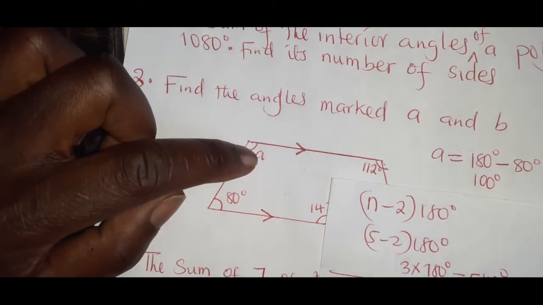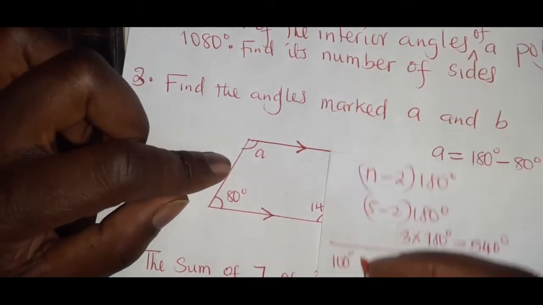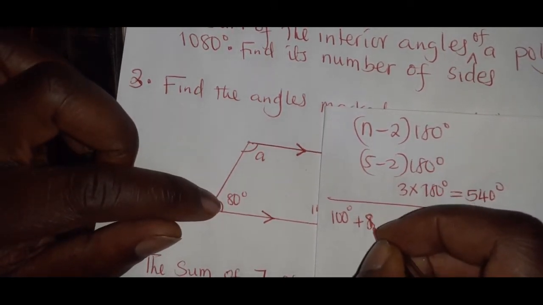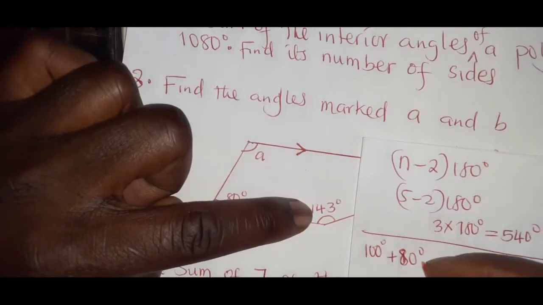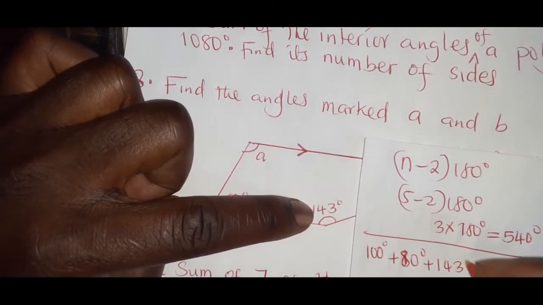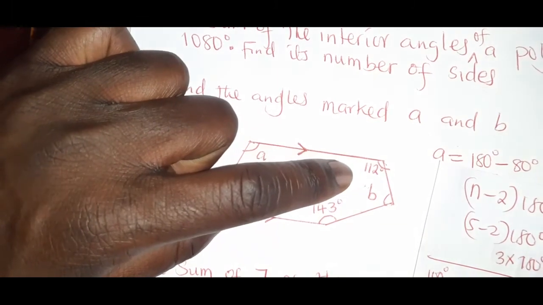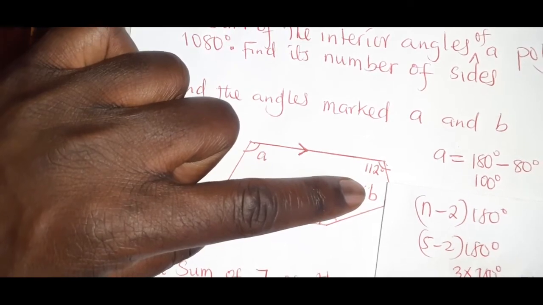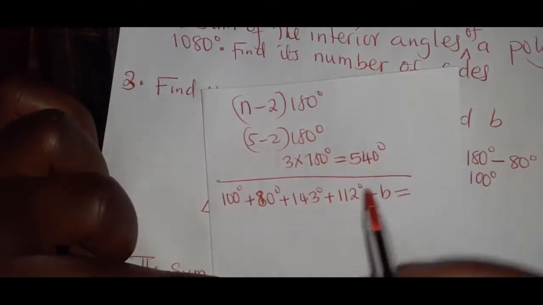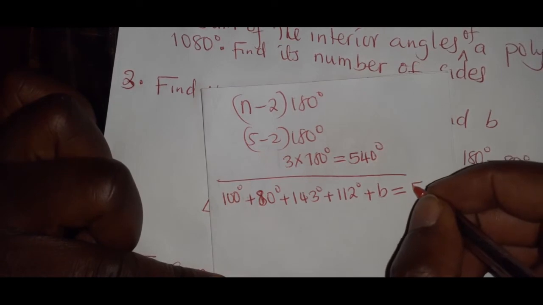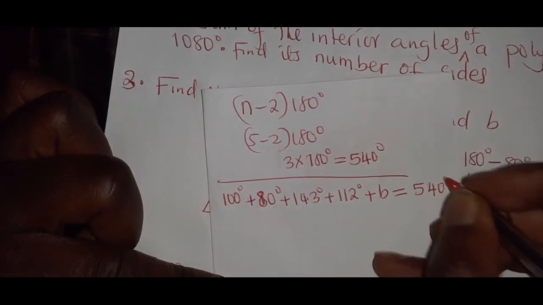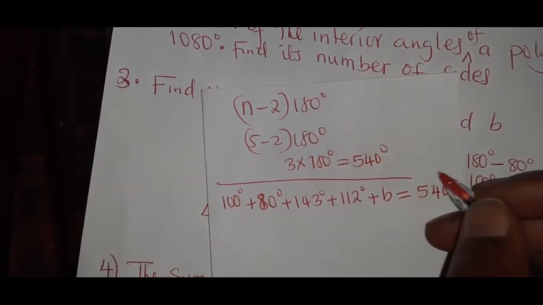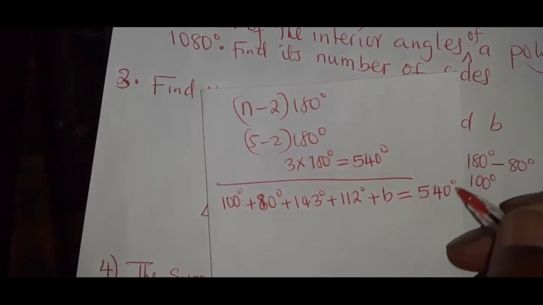A is now 100 degrees, plus 80 degrees, plus 143 degrees, plus 112, plus B. This must give us 540. Why? This is the sum of the interior angles of a 5-sided polygon.